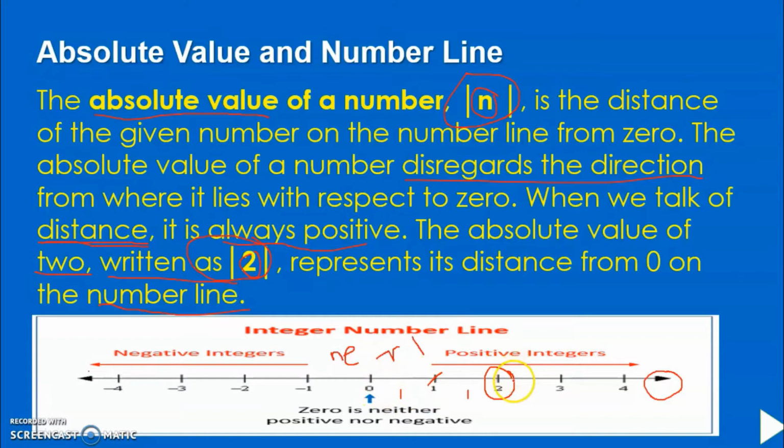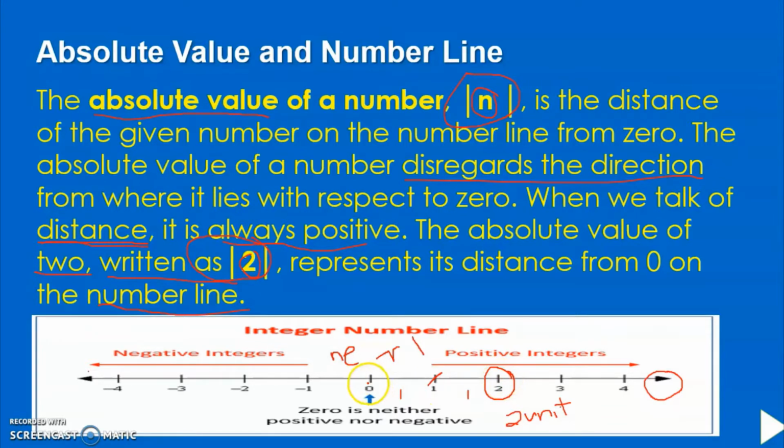From 0 to 2, there are 2 unit distance, because there is one unit from 0 to 1 and another one from 1 to 2.